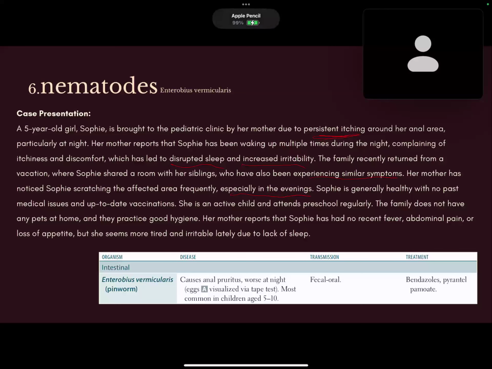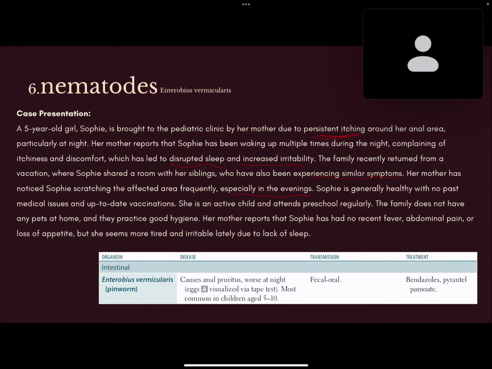She is an active child and attends preschool regularly. Doesn't have any pets at home and practices good hygiene. Her mother reports Sophie has no recent fever, abdominal pain, or loss of appetite, and seems more tired and irritable lately due to lack of sleep.